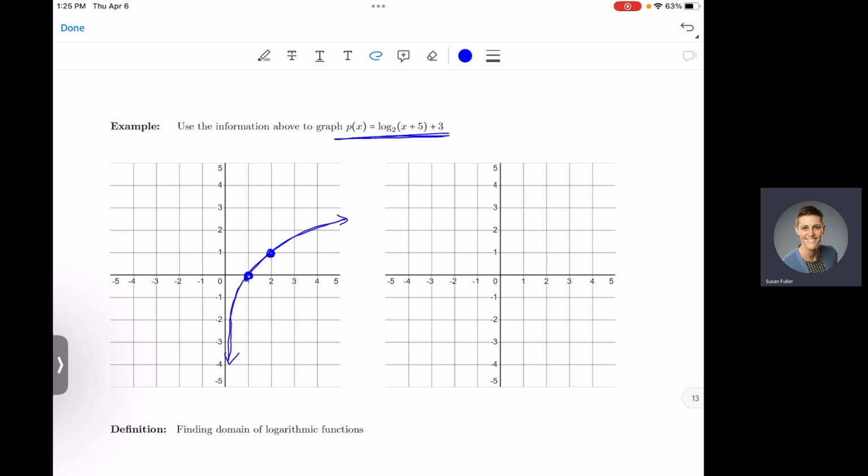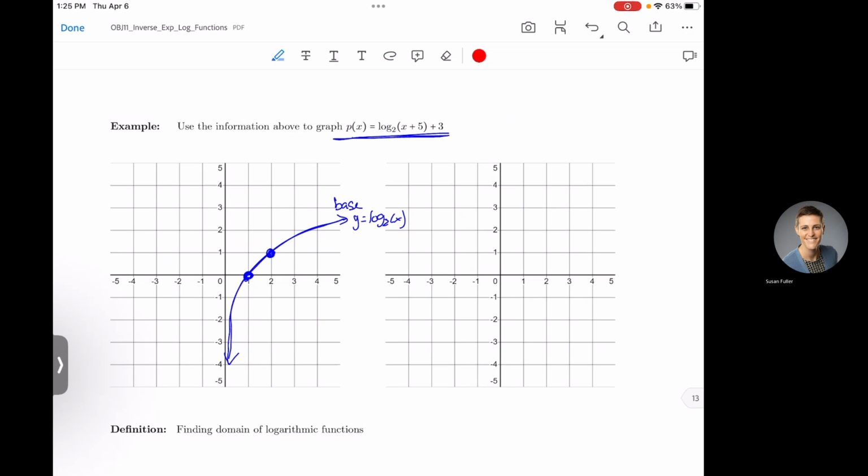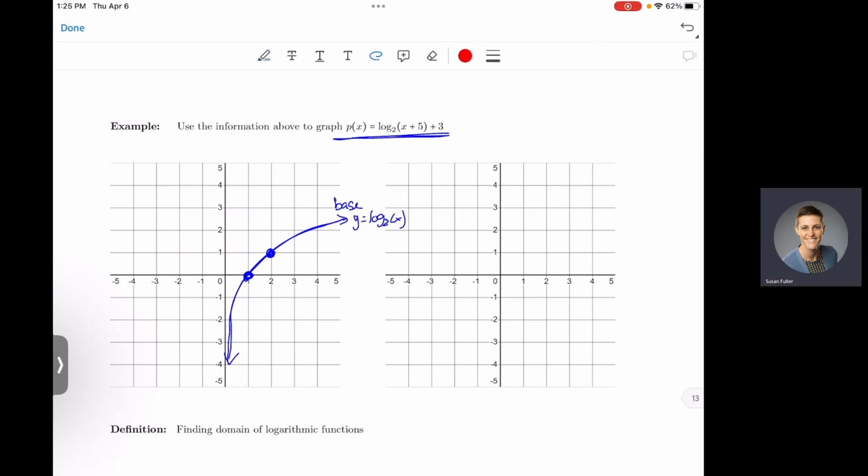That's my base function. Okay, so now I'm going to take this function, and I'm also going to make sure that I put in my vertical asymptote here.